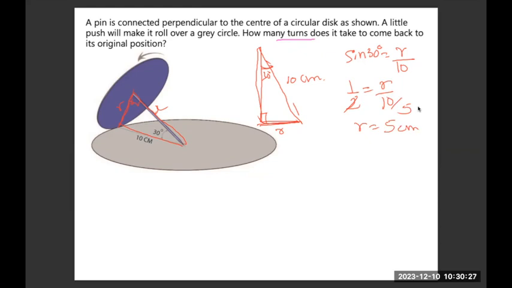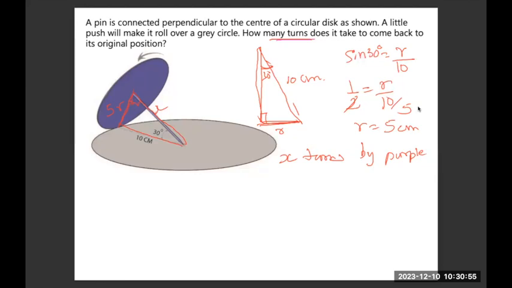Now r is 5 centimeters, we know that. So also the radius of the gray circle is 10 centimeters. So if I just try to find the turns, I am assuming x turns will be taken by the purple circle to come back to its original position.